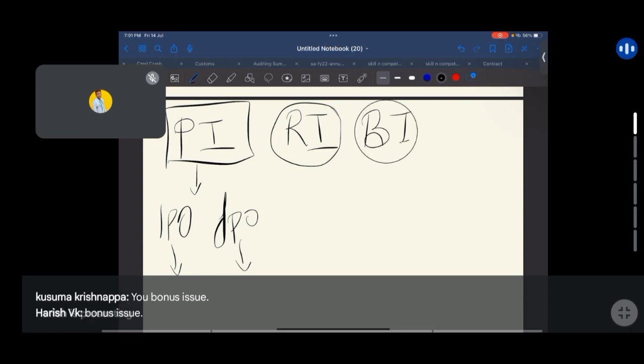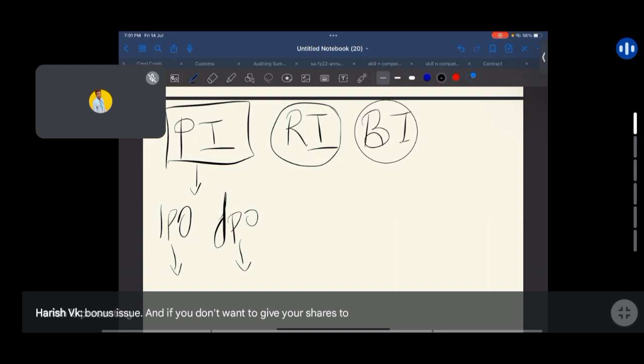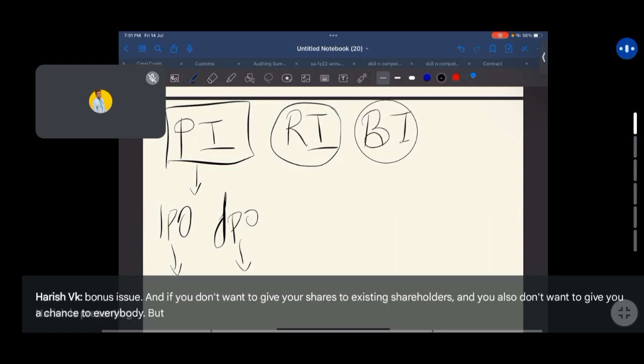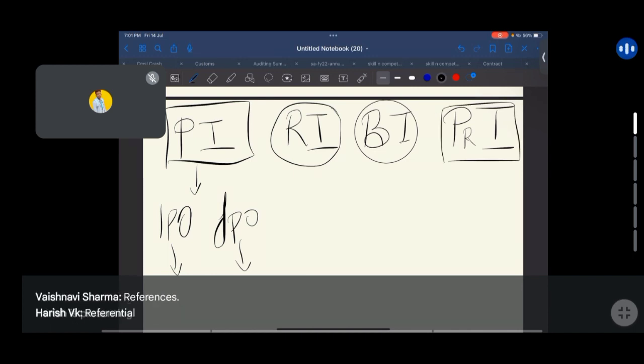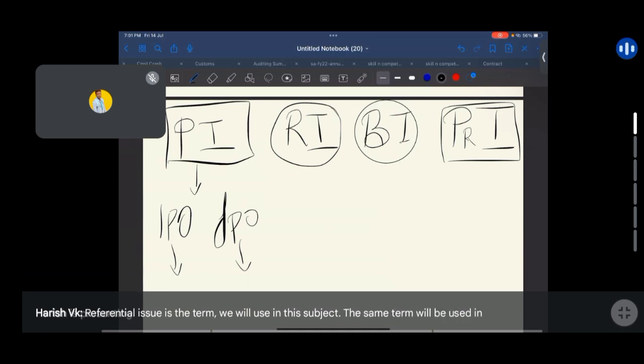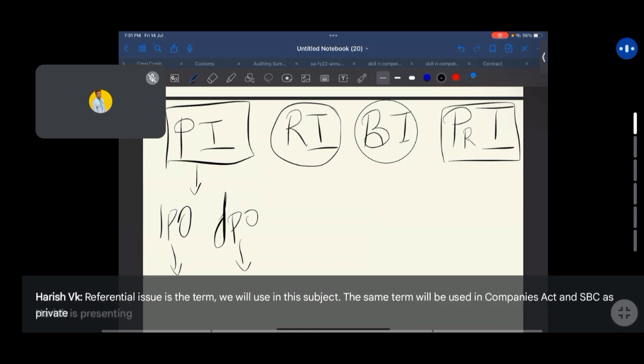And if you don't want to give your shares to existing shareholders and you also don't want to give your shares to everybody, but you only want to give your shares to selected individuals, then what type of issue is that? Preferential issue is the term we will use in this subject. The same term is used in the Companies Act and SEBI as private placement. So these are the four types of issue.